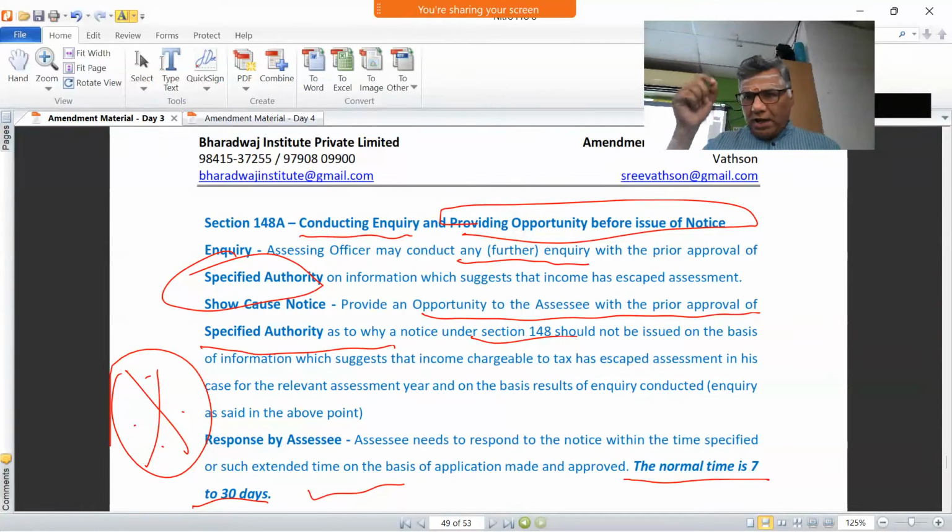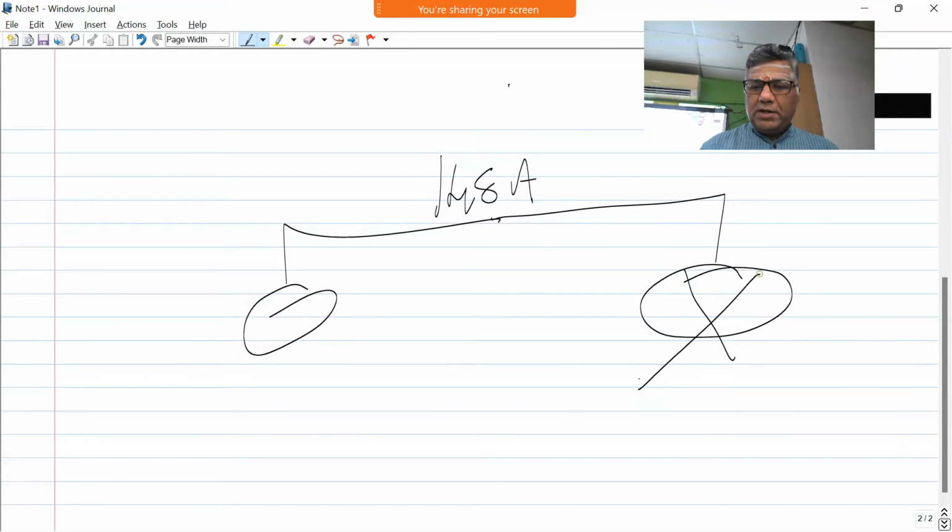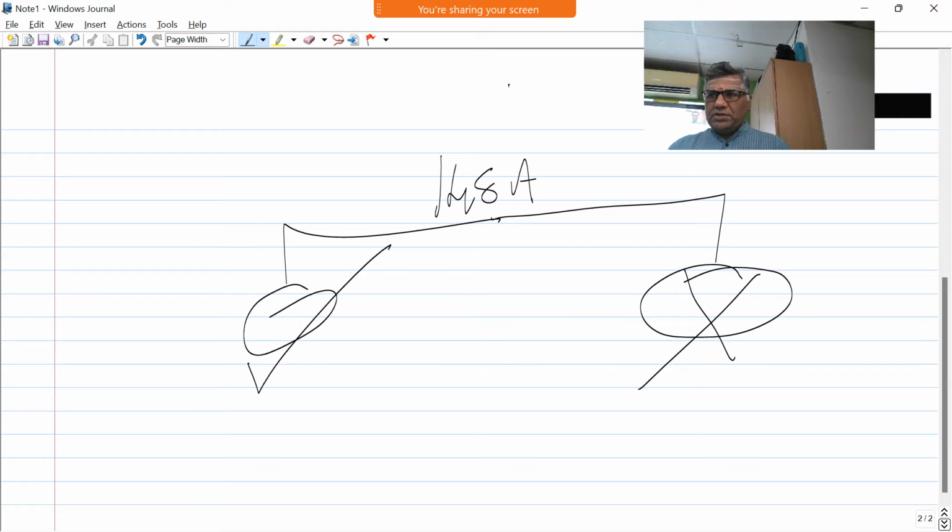Next point under that, time to be given to the assessee, under the left hand side only, because here it is not mandatory. So only here we need to write time to be provided to the assessee. What is the time limit I need to provide? Minimum 7 days, maximum 30 days.